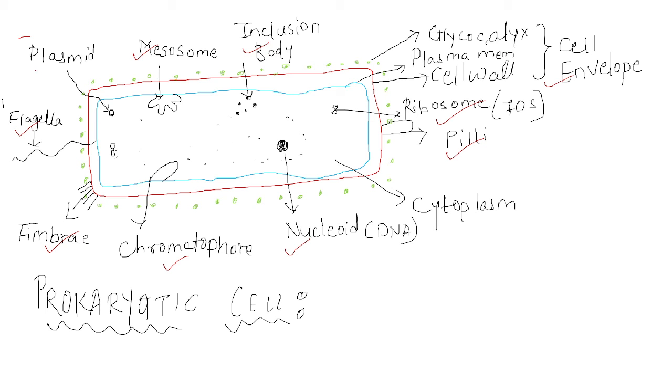Is it present in all bacteria? Let's see. No. Now we will see the plasmid. It is not present in all bacteria. It is an extra chromosomal DNA. We read that it is different from the genetic material.